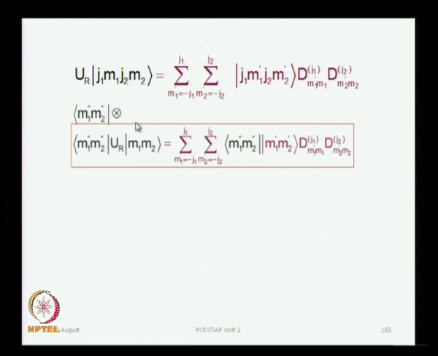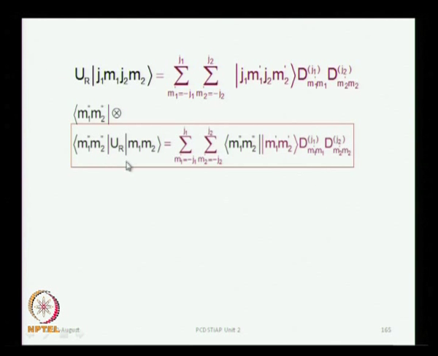Since we have already used M1 and M2 and also M1 prime and M2 prime, I have used M1 double prime and M2 double prime, so that we do not mix up the indices. So I take the projection of this entire equation on a direct product state.